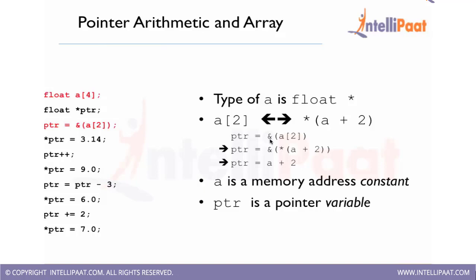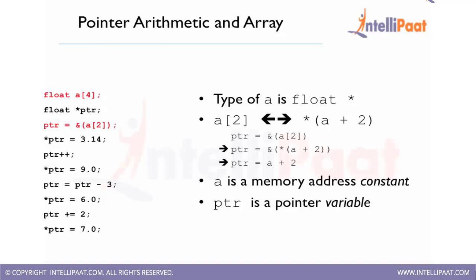ptr equal to address of a of 2, or ptr equal to address of value at a of 2, or ptr equal to a plus 2. All these are equal. a is a memory address constant, so a points to the memory at which our array starts. ptr is a pointer variable, so if I assign ptr equal to a, that is a valid operation.